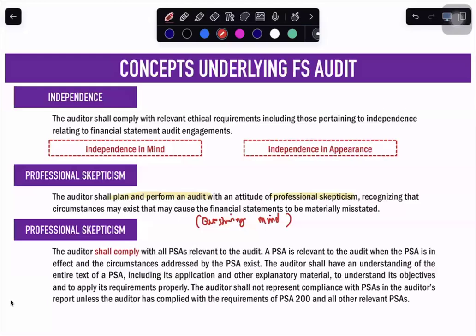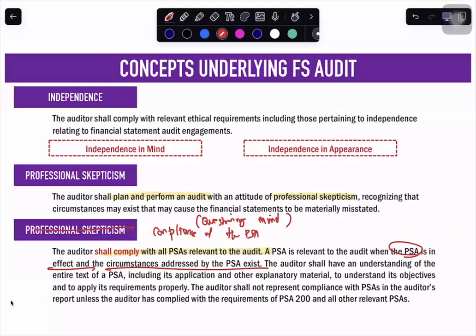And then the auditor shall comply with all PSAs relevant to the audit. This is compliance with the PSAs. When can we say that the PSA is relevant to the audit? When the PSA is in effect and the circumstances addressed by the PSA exist.